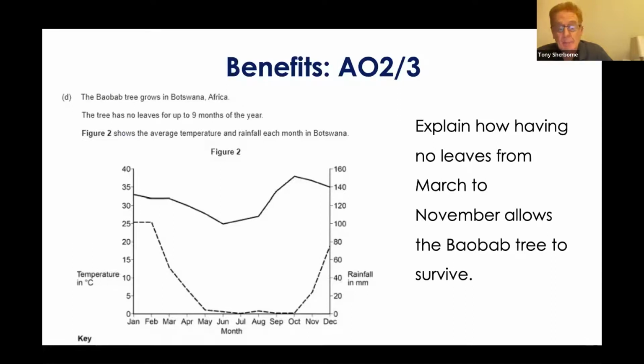And my hypothesis would be, well, if there's a connection, then perhaps the rainfall, or the lack of it, is causing the tree to lose its leaves. So I have to think of that hypothesis in my mind and go, is that possible? It is possible. And then I can look for the biological reason to support that.